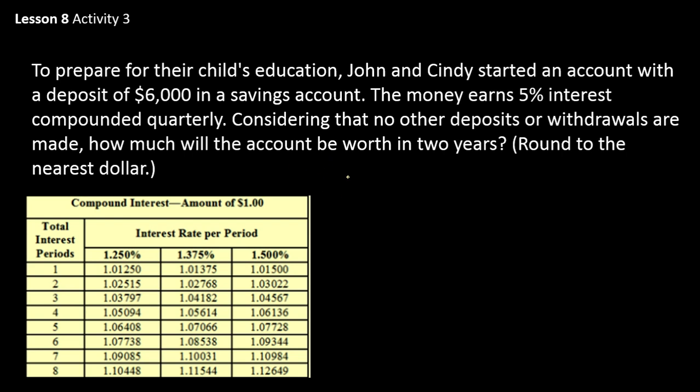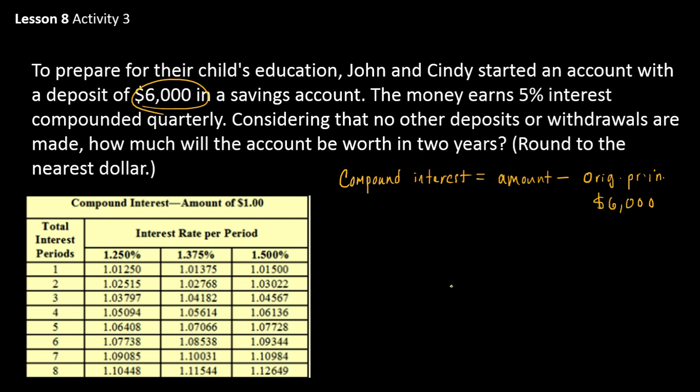We know that what we're aiming for is this compound interest formula. So compound interest equals amount minus original principal. Now we know the original principal, they tell us right off, is $6,000. But now we need to find the amount.